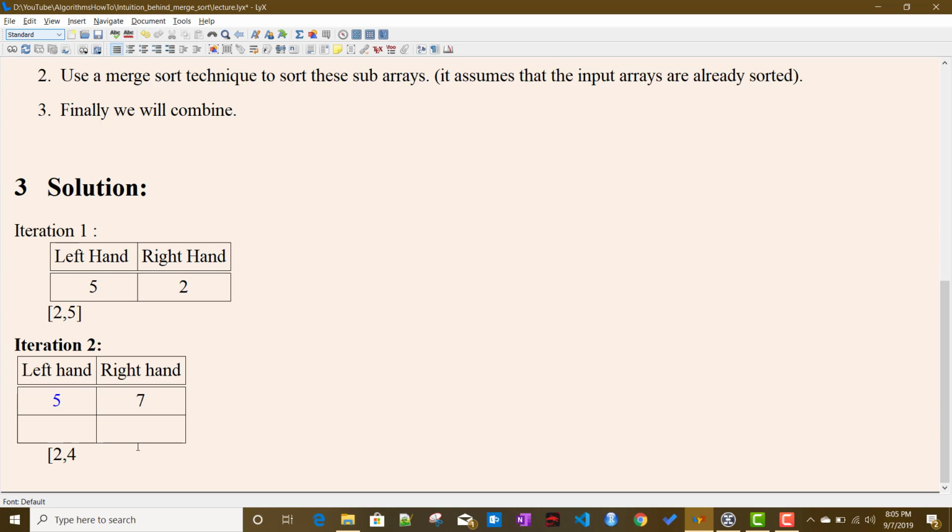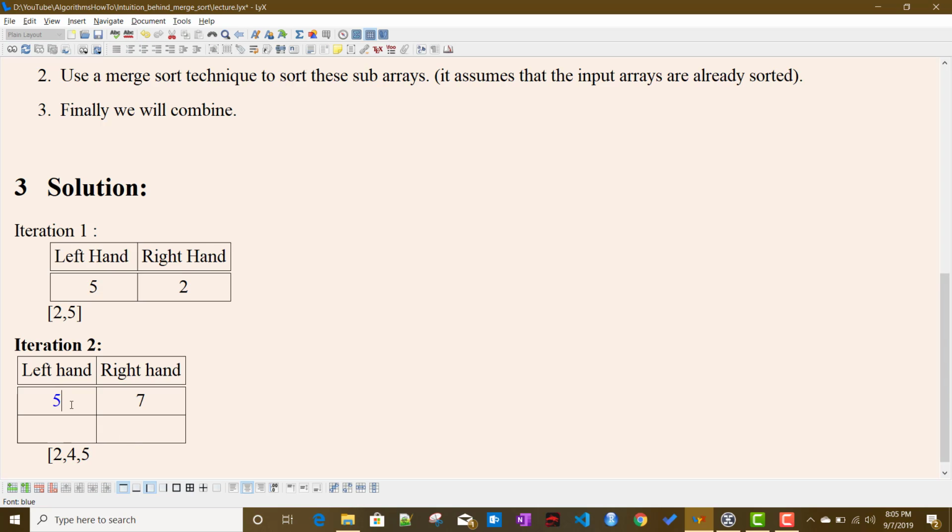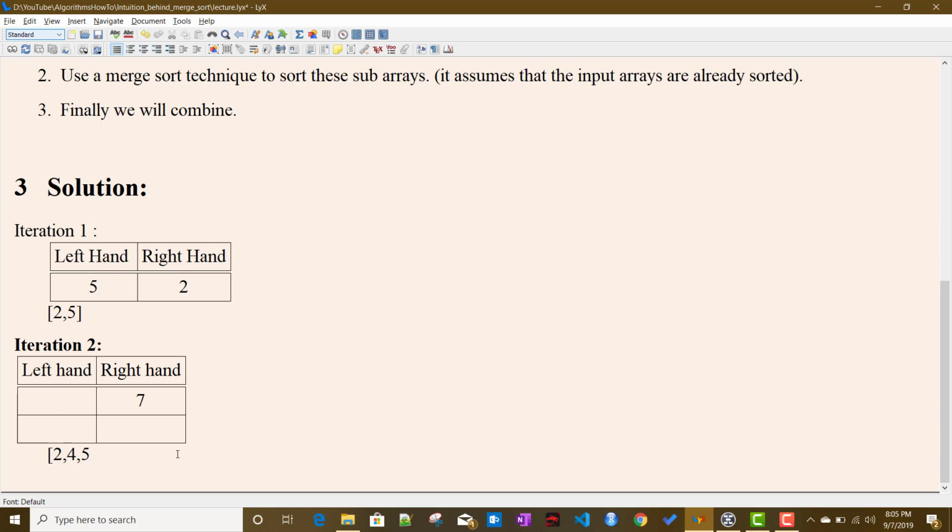Which one is the smaller? 5 is the smaller one, so I'll write 5. I'll remove 5 from here, right? So we exhausted our left hand, so you only have the right hand. Whenever we exhaust one hand, the other elements we are seeing over here will already be sorted, right? Because merge sort requires the input arrays to be sorted, right?